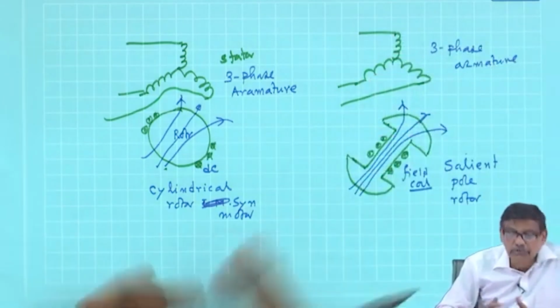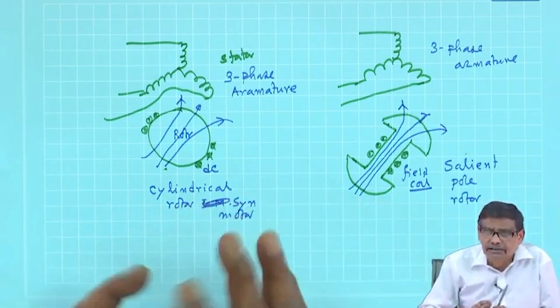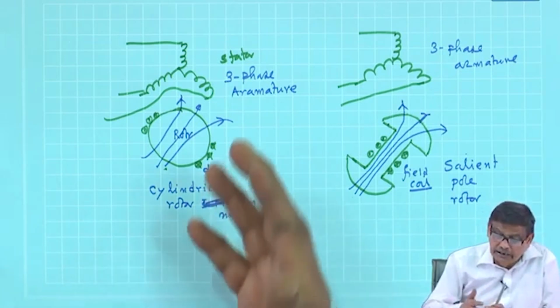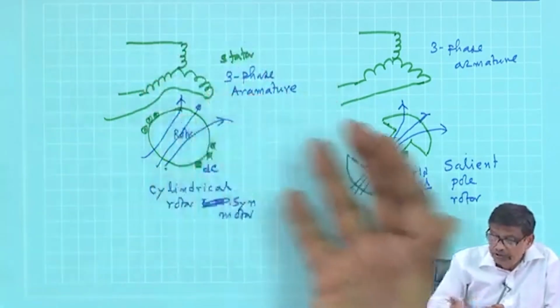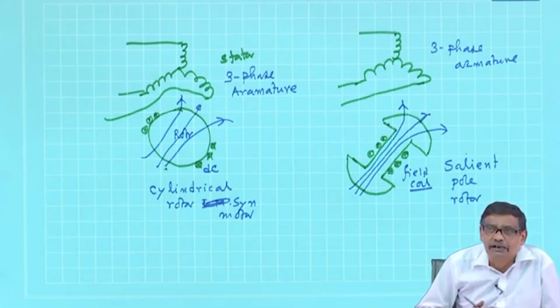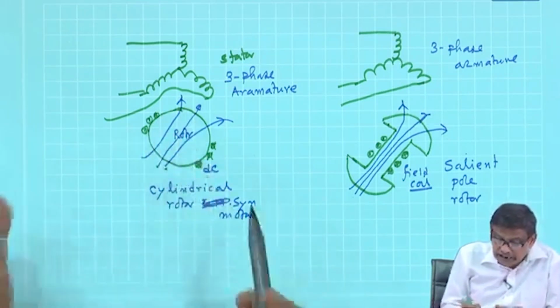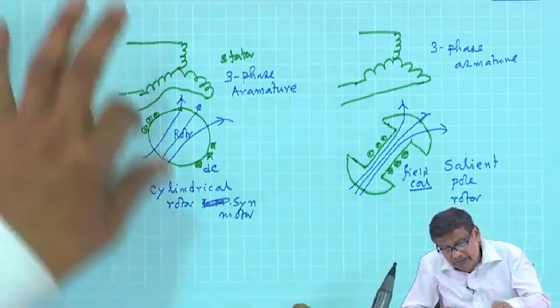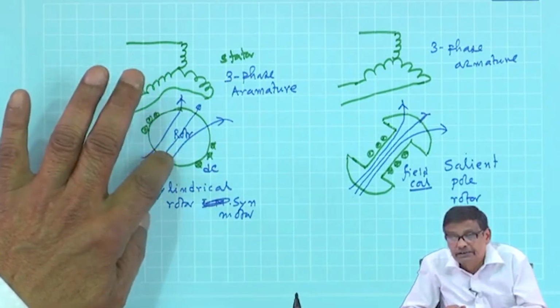Now, the question is which one to prefer? They will theoretically work in the same way. There is no compulsion that 3-phase armature coil should be on the stator and DC field winding on the rotor, but there are some practical considerations. What is that? Suppose here this field winding, so it is a doubly excited machine. 3-phase supply will be there for motor operation, and DC should be energized.